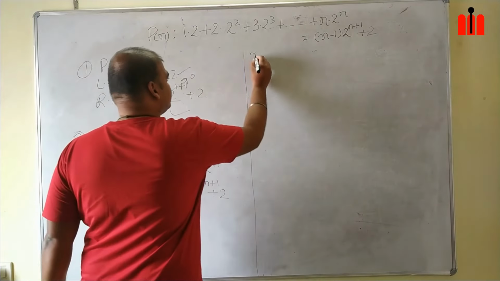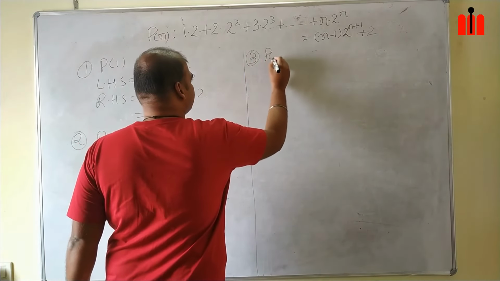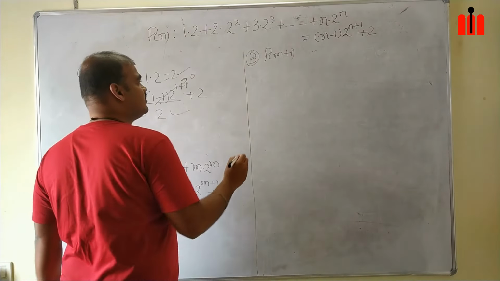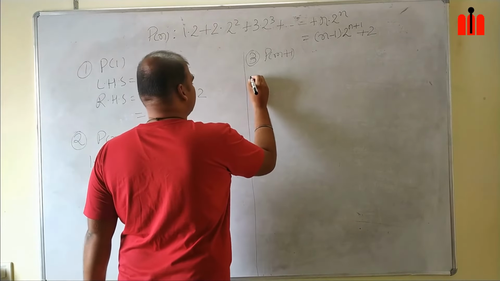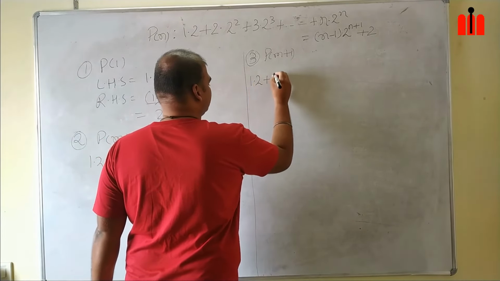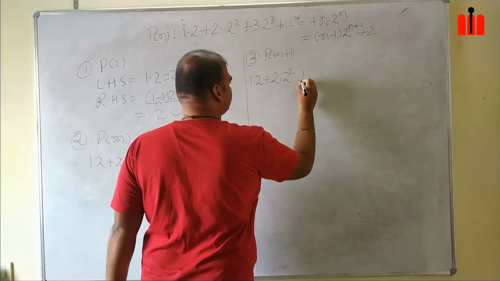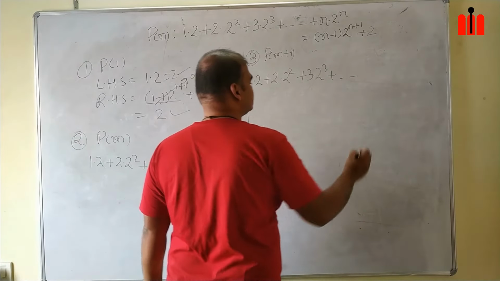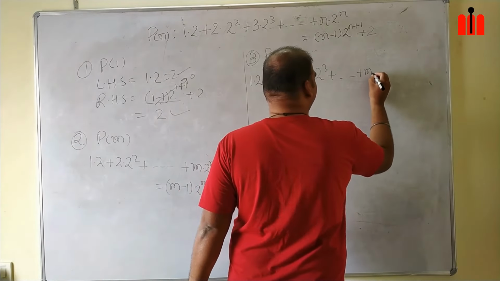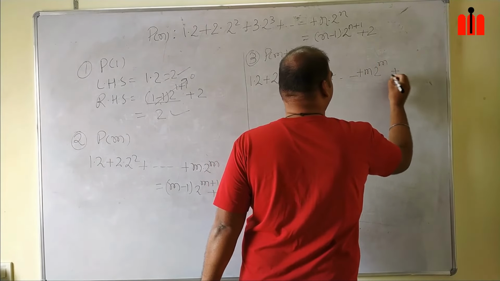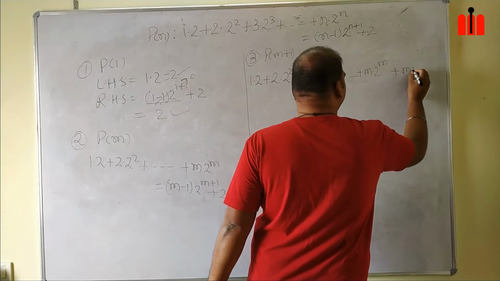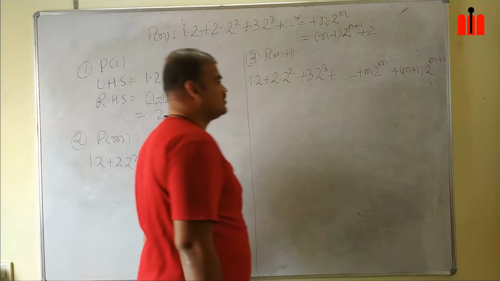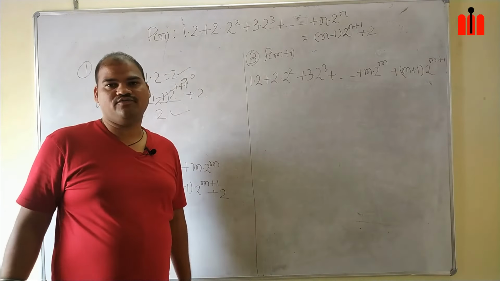Now come to my P(m plus 1). In my P(m plus 1) statement, how will my LHS be? My LHS will be 1 into 2 plus 2 into 2 square plus 3 into 2 cube dash dash m into 2 to the power of m, plus (m plus 1) into 2 to the power of m plus 1.